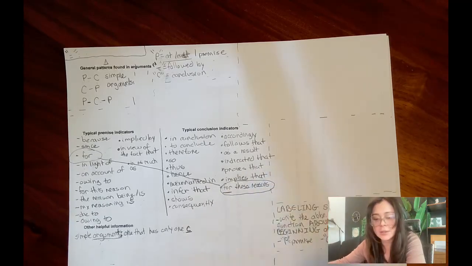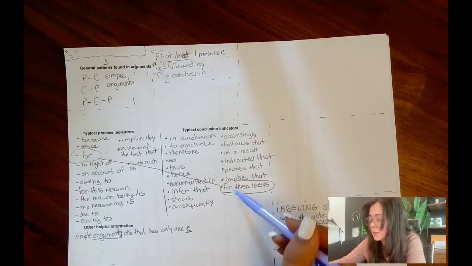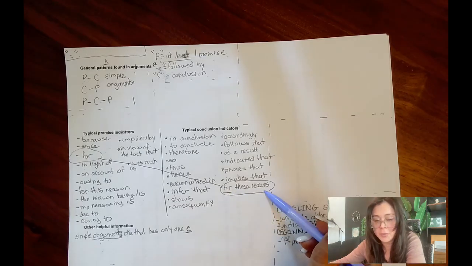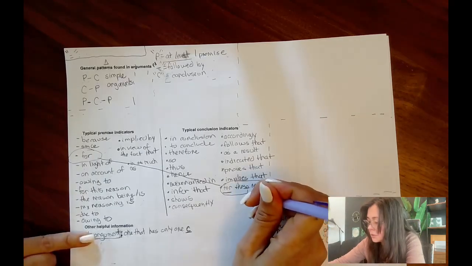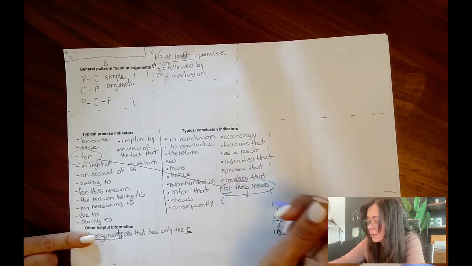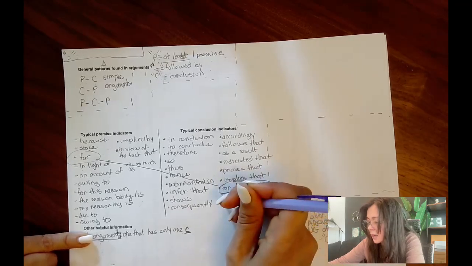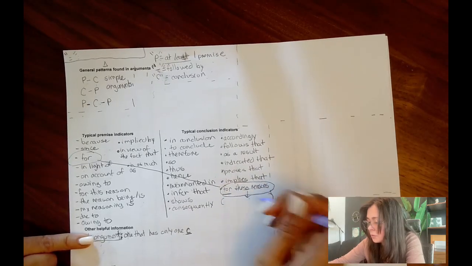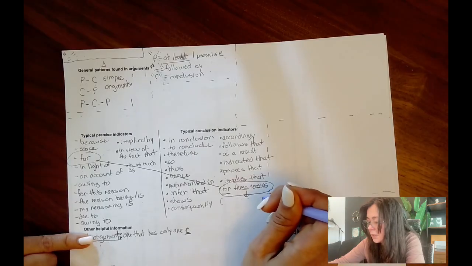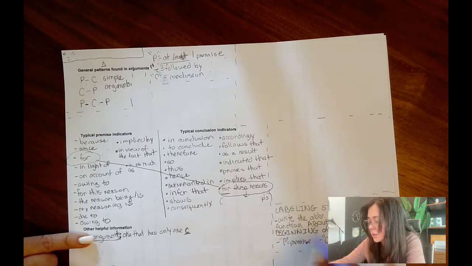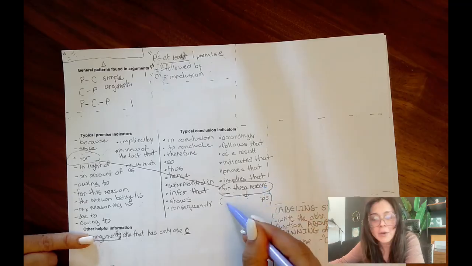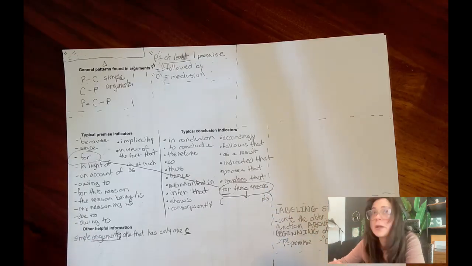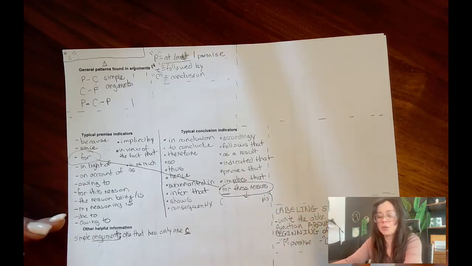Remember that reasons is another word for premise. So this phrase says, I've already given you my premises. And in fact, I want you to write that here, okay? What does this mean? In parentheses, I already gave you premises. And you can just use P with an apostrophe to mean premises. So for these reasons means, I already gave you the premises. Here comes my what? Conclusion.